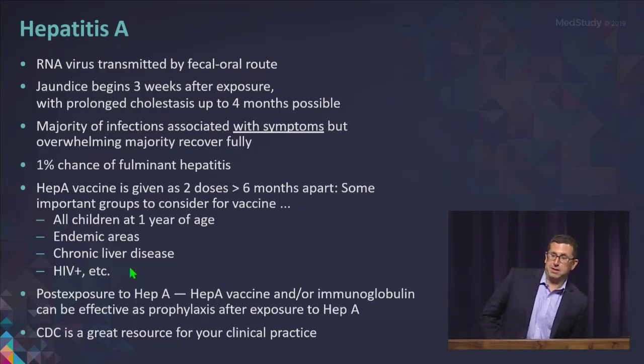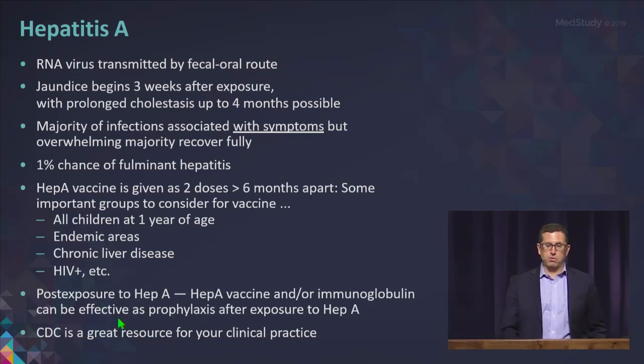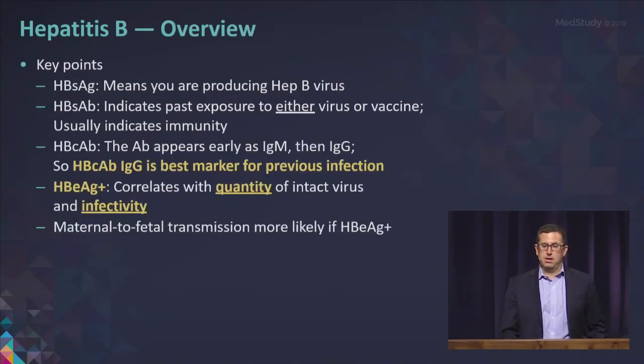And then if you have been exposed to hepatitis A, then there's something called post-exposure treatment. So you would give hepatitis A vaccine and/or immunoglobulin after someone has been exposed to hepatitis A. And just as an aside, the CDC is a great resource, they have all kinds of lists and details on vaccinations. So hepatitis B, hold on 1 second.